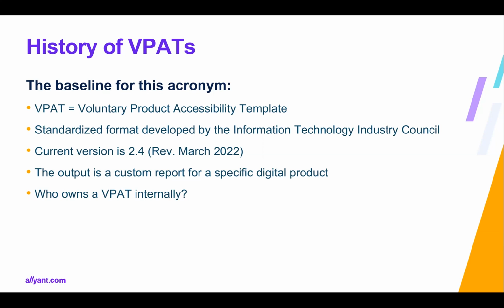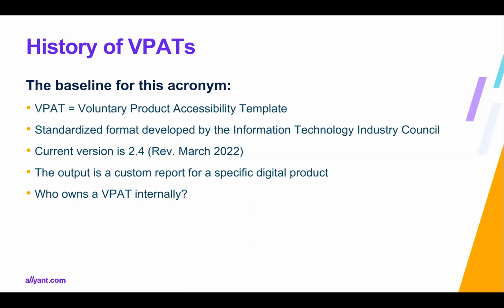I think that the last thing I'll talk about on this slide is, and I think AP will have some good thoughts on this as well, perhaps, who owns a VPAT, right? I think it's one of the most common questions that I get: well, who should we ask for a VPAT if we're on the procurement side, right? And the reality is a lot of teams on the procurement side, or organizations looking to procure software and wondering about accessibility or maybe asking for a VPAT, I think on that side of the fence, it has to be more broad, right?